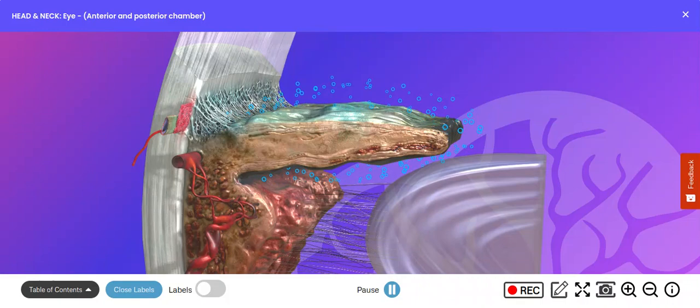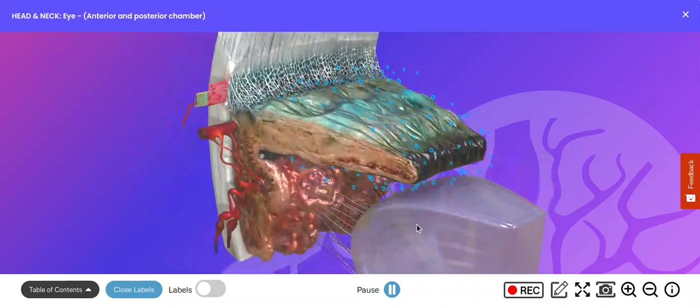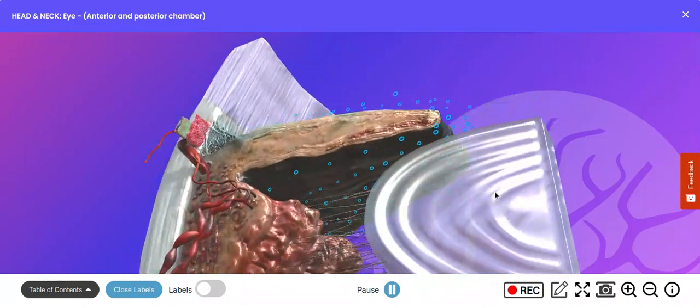There are prostaglandins which secrete matrix metalloproteinase and just open up more spaces around here. There is another new class of drugs, Rho kinase inhibitors, which mainly act through the trabecular meshwork by increasing the outflow. So here's another overview.